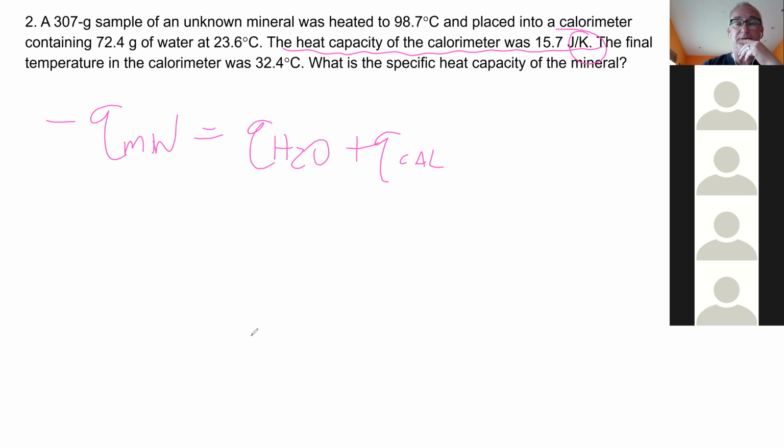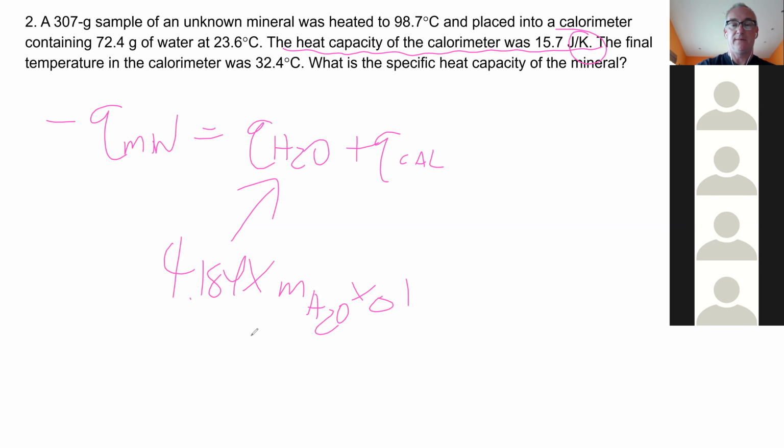Then you just plug in everything else you need to know. Figure out, based on the change, how much heat went into the water. Then you use the heat capacity of the water times the mass of the water times delta T. And do the same thing with Q calorimeter. What's the heat capacity of the calorimeter?